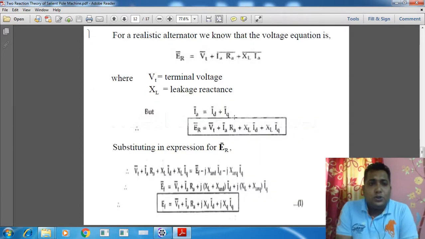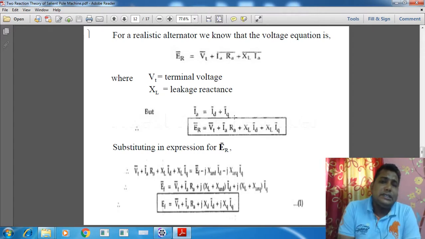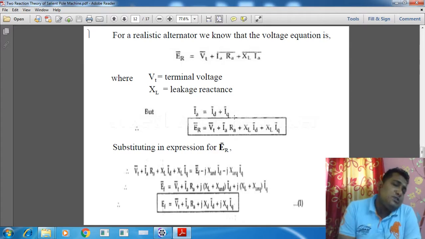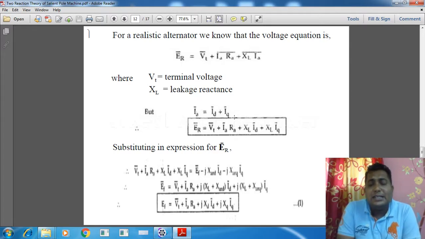Yes, so for a realistic alternator, we know that the voltage equation is given by Er is equal to Vt plus Ia Ra drop plus j XL into Ia, where Vt is the terminal voltage and XL is the leakage reactance, we know that. The armature current has two components, as we have already discussed, that is Id and Iq.